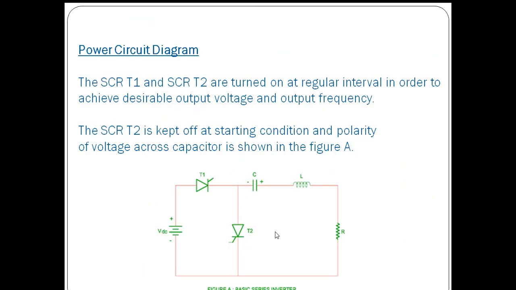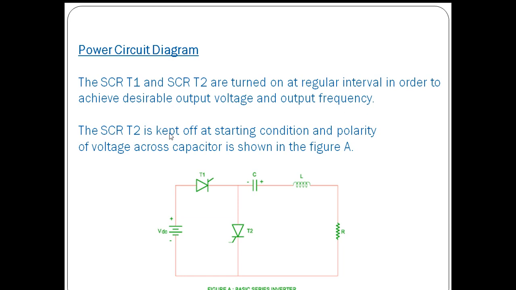So this is the power circuit diagram of the series inverter. It consists of SCR T1 and SCR T2, which are turned on at regular intervals in order to achieve the desirable output voltage and frequency.